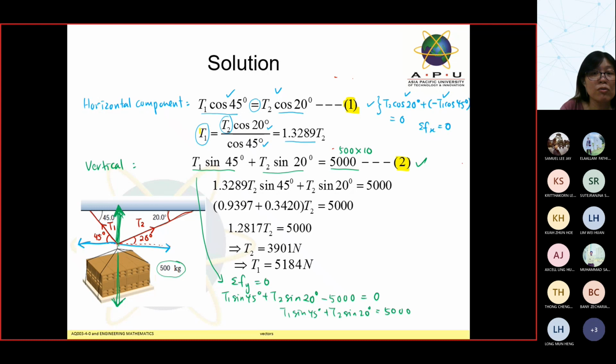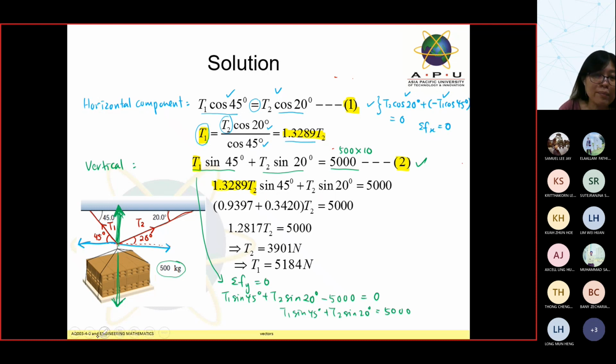Remember just now from the first one, horizontal component, I managed to get T1 equals 1.3289 T2. So for the T1 that we obtain here, I'm going to substitute this T1 with 1.3289 T2.